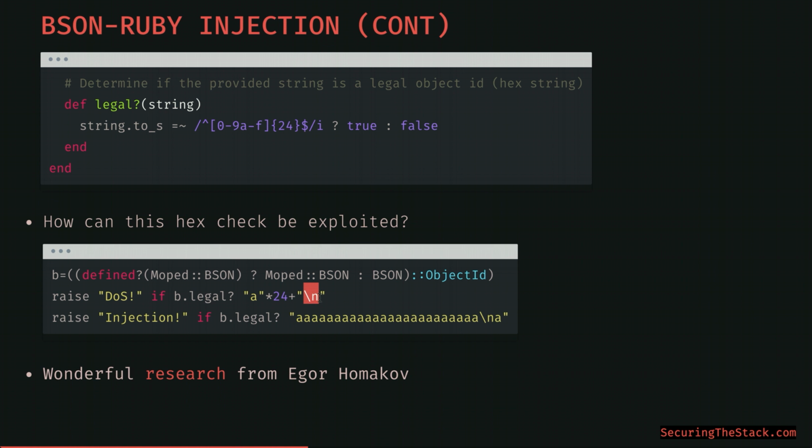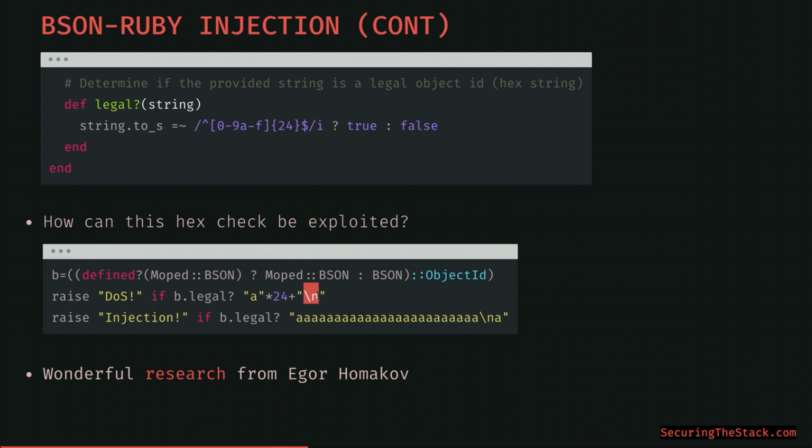Well, this is not hex, right? This new line character is not hex, and yet it would pass this validation and get inserted into Mongo. Why is that? Because the developer probably thought this is just matching the end of the string, but this is actually matching a new line character, which is not supposed to be in there.